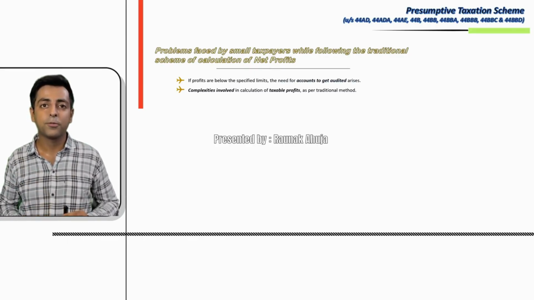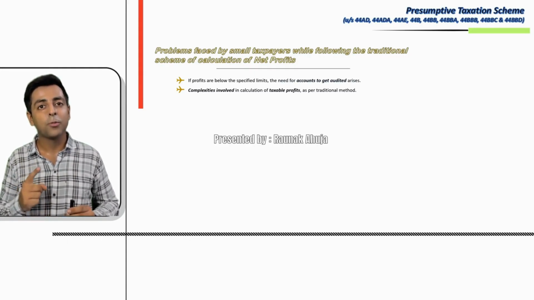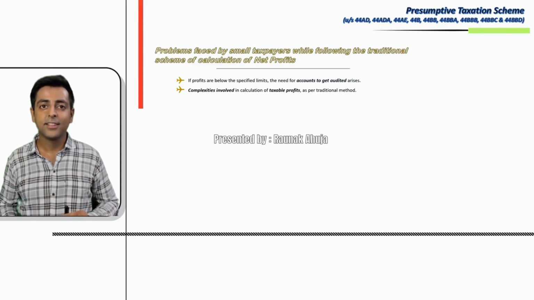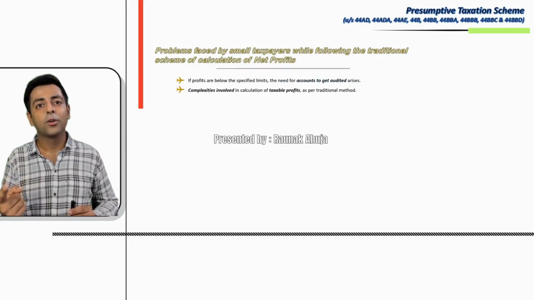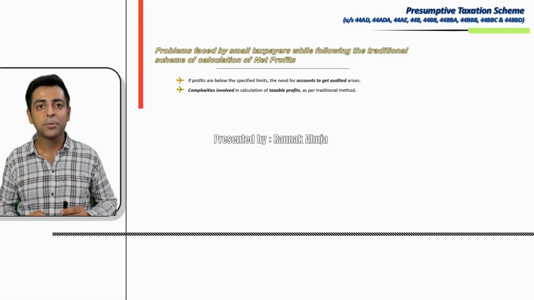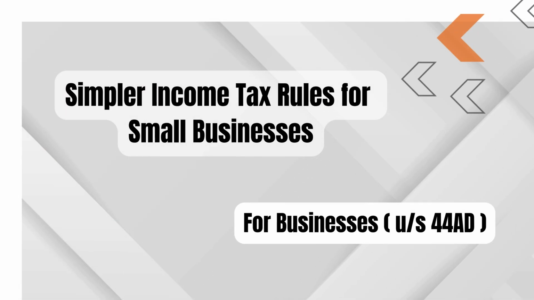If the profits fell below the specified limit, the small taxpayers were required to get their tax audit done. This added to their burden of additional cost. The second thing, as we just discussed, was the complexities involved in the calculation of incomes as per the normal provision.